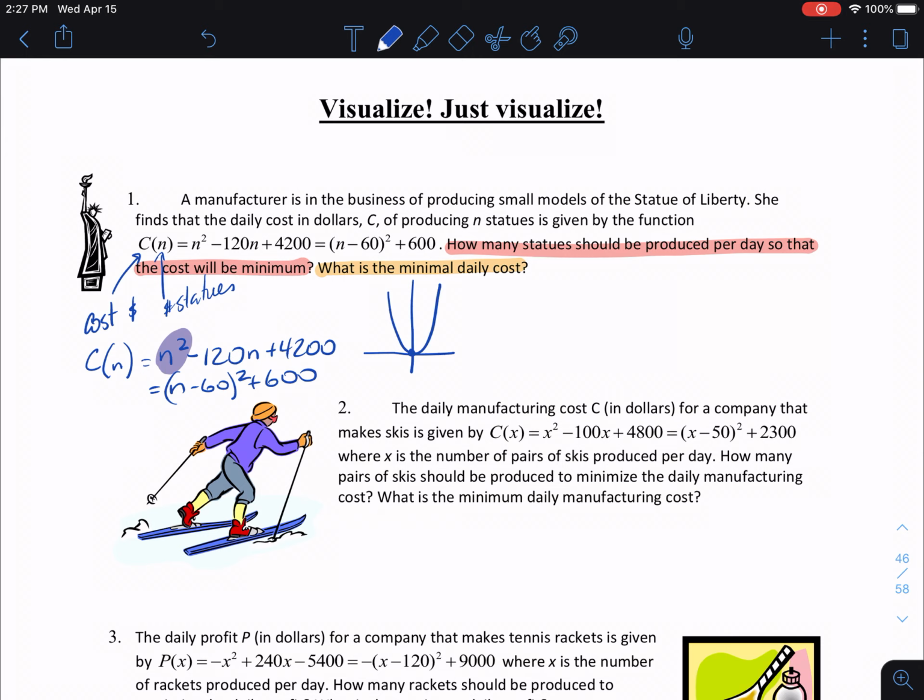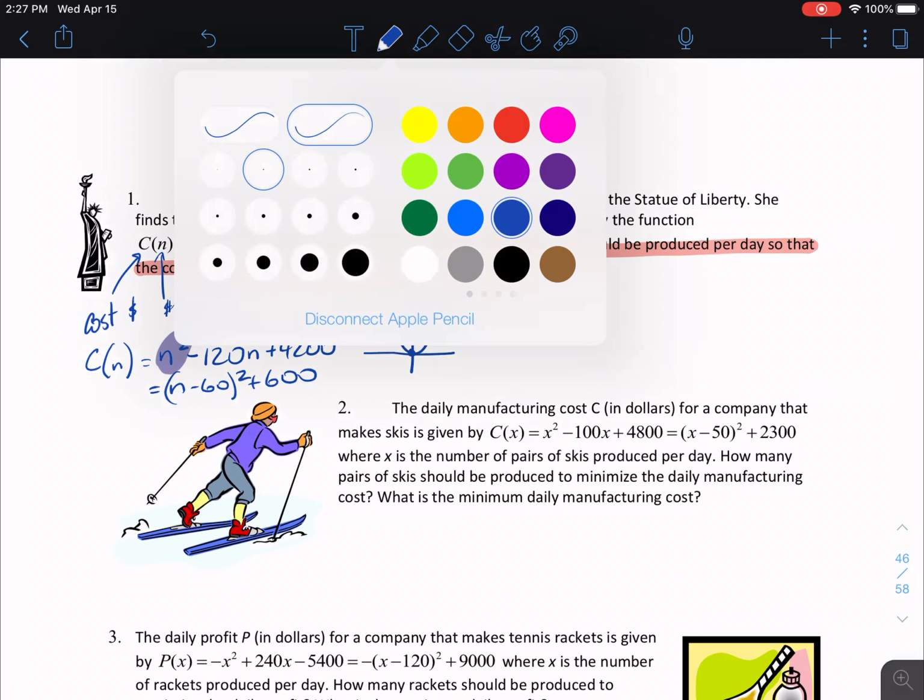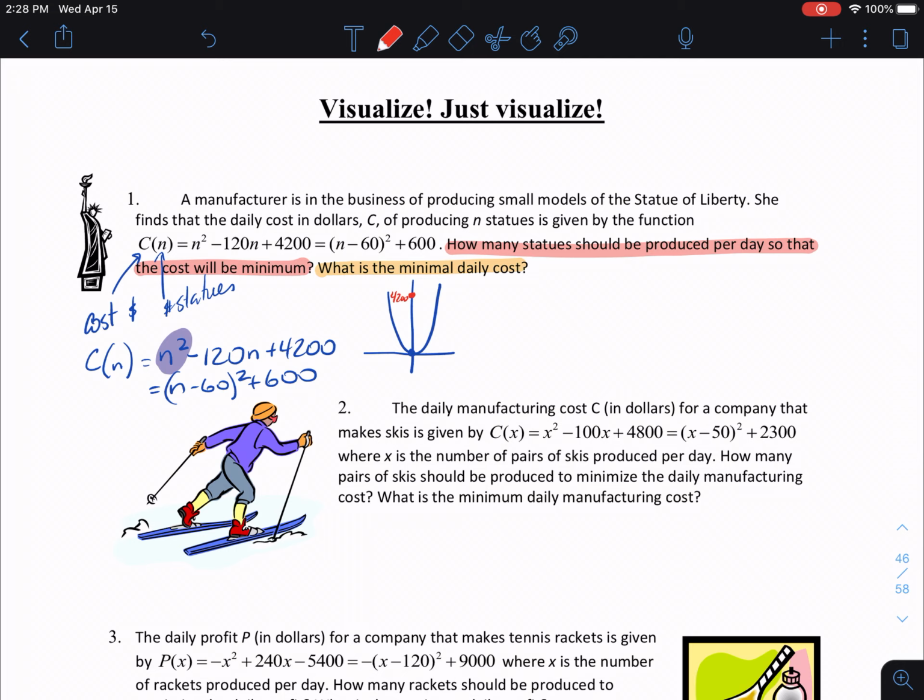Now, what else do we know? We know that there are some shifts going on. Instead of the function crossing at 0, 0, if n is 0, then the function is going to cross at 4200, because C of 0 is 4200, from the first function.